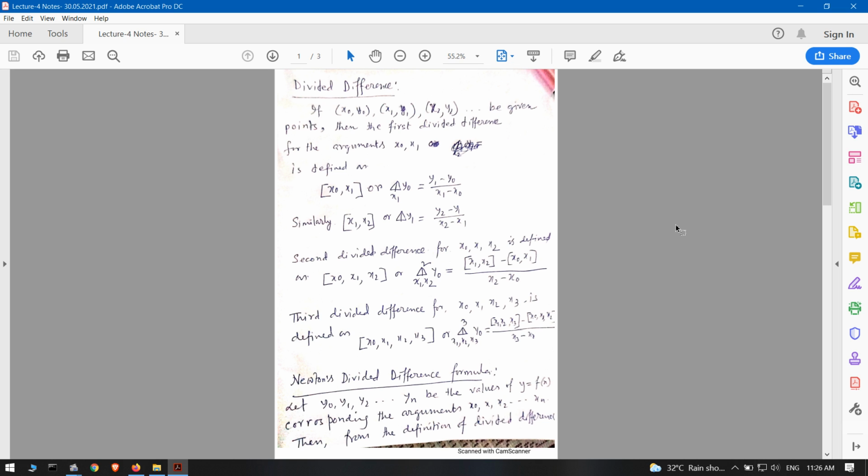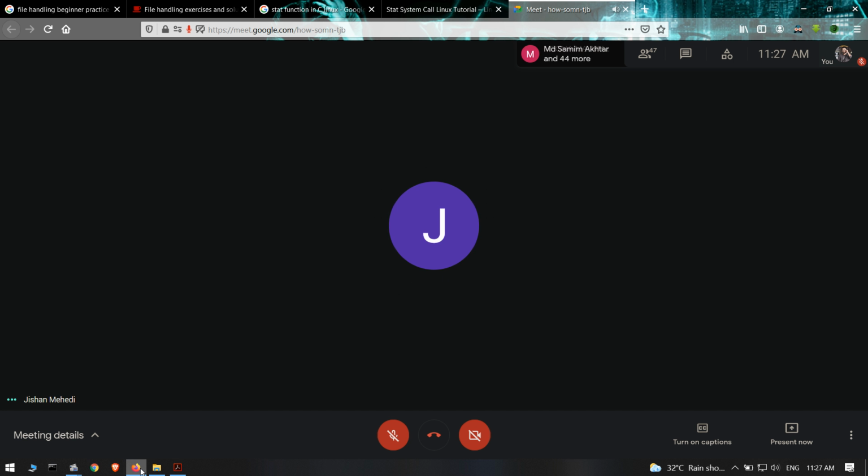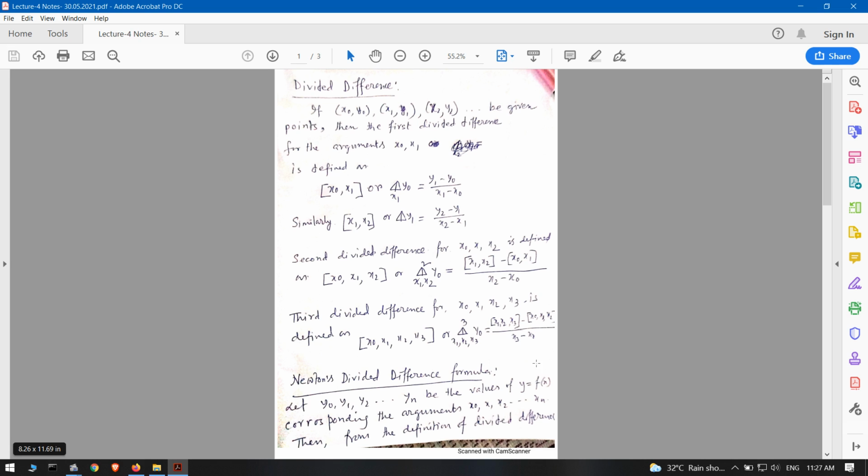We have calculated y1 minus y0, y2 minus y1, then y3 minus y2, and so on. So here the difference will be calculated like that, meaning y1 minus y0 divided by x1 minus x0. For the second difference, the corresponding y value difference will be calculated.